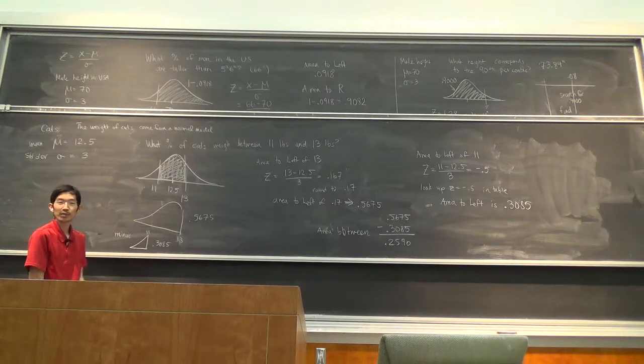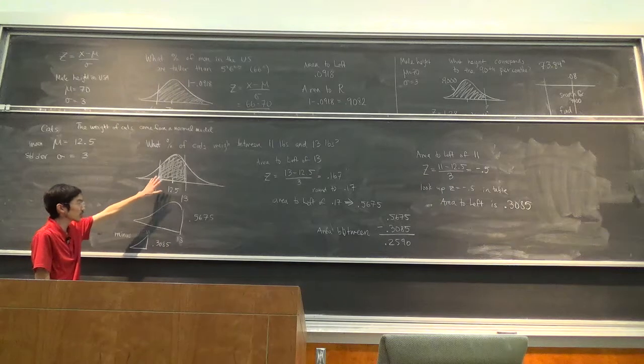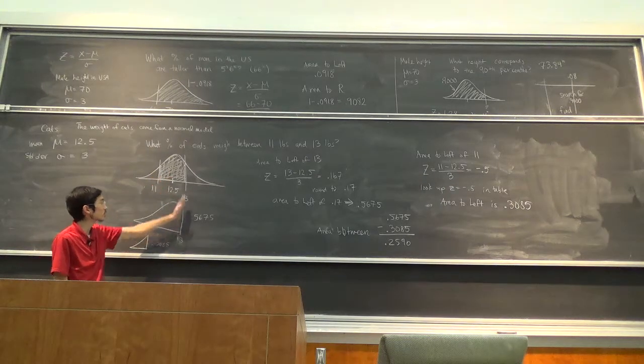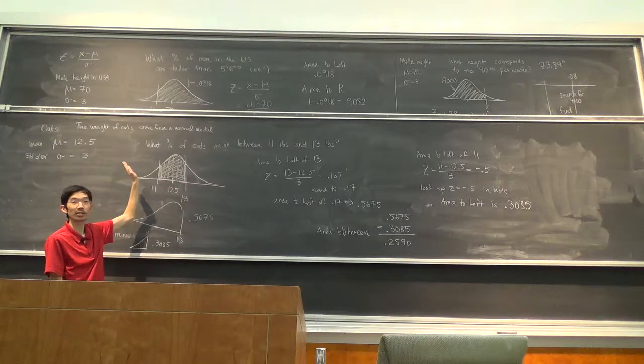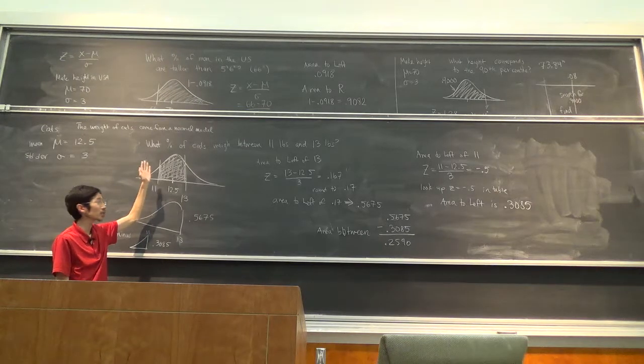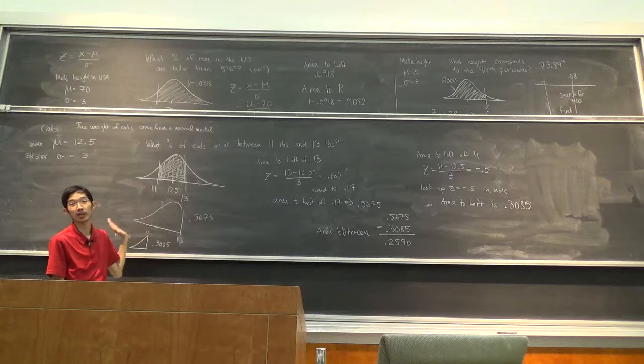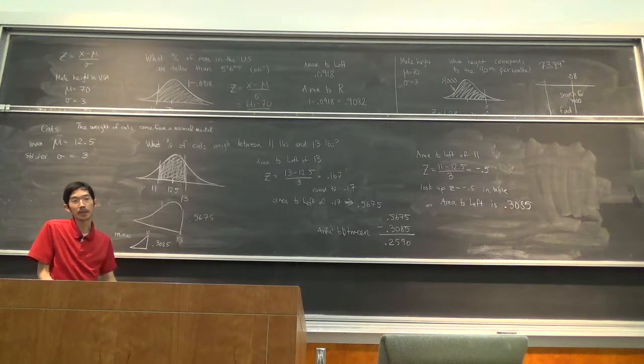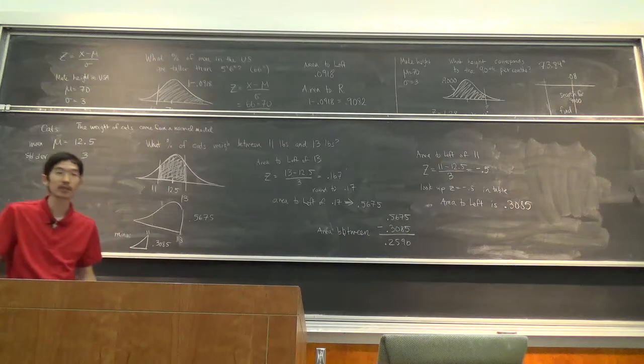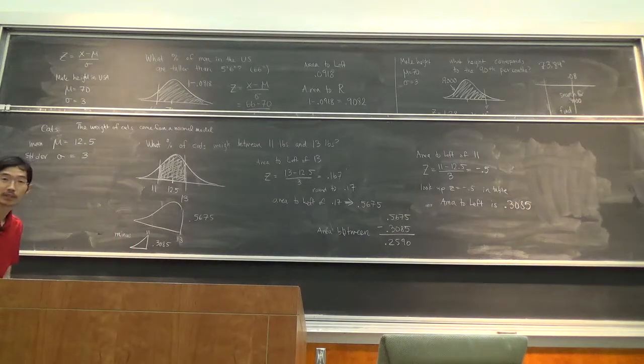That's not what we're looking for. Just visualize, first you're going to take everything to the left of 13, and then you're going to take the area to the left of 11 and chop that off, basically. You're subtracting that. The value you count for 13 counts for everything to the left of it. Everything to the left of 13, okay?